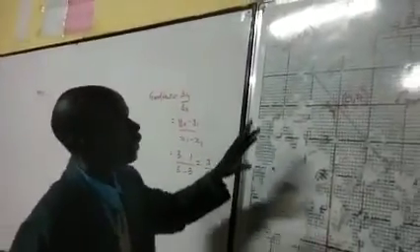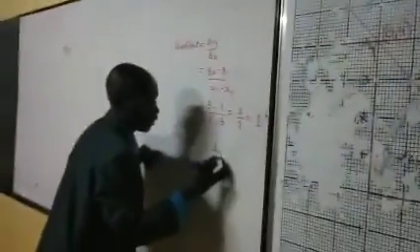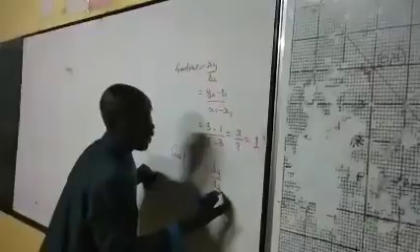Now, considering the line XY, we can also get the gradient of line XY. So, gradient of line XY will be the change in y over the change in x.